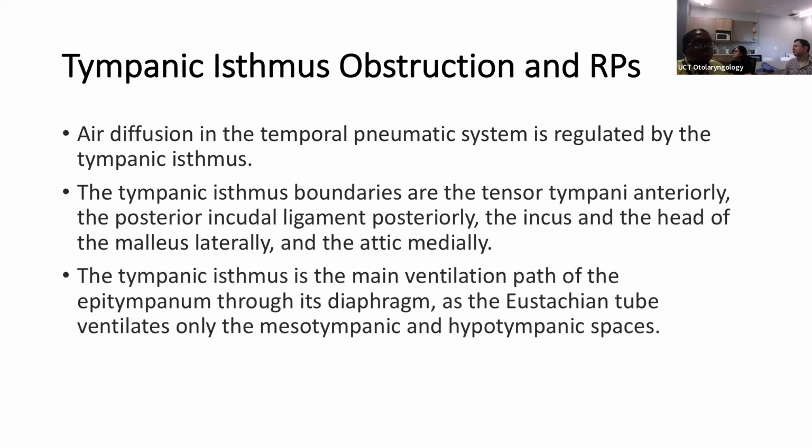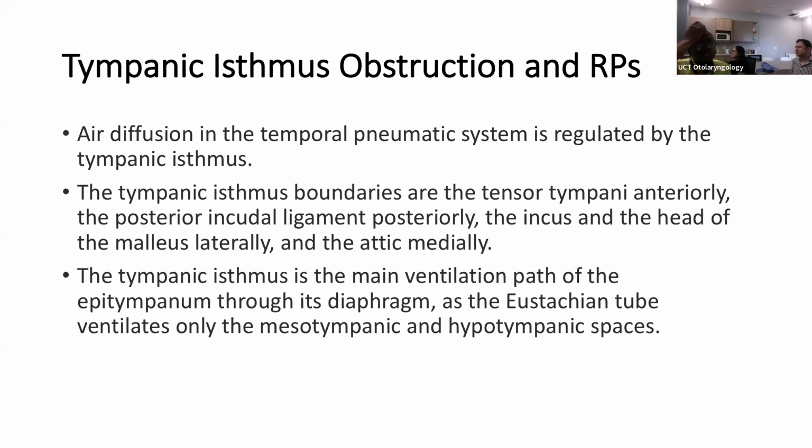Then this factor, I'm hoping that after my talk we'll discuss it further. Air diffusion in the temporal pneumatic system is regulated by what is called the tympanic isthmus. The tympanic isthmus boundaries are the tensor tympani anteriorly, the posterior incudal ligament posteriorly, the incus and the head of the malleus laterally, and the attic medially.